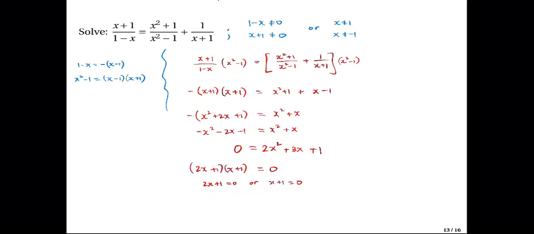But again, x plus 1 cannot be 0. So this will give an extraneous solution. While for this guy here, let's just calculate. It's x equals negative 1/2. So this is our final answer.